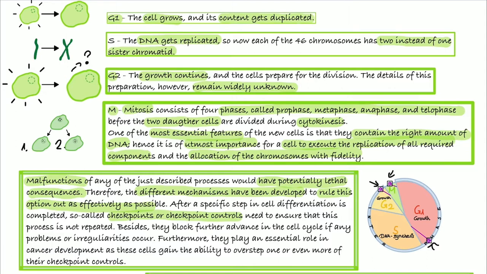Furthermore, they are able to block advance in the cell cycle if there are any problems or irregularities. And they are essential in the development of cancer, because cancer cells gain the ability to overstep checkpoints.